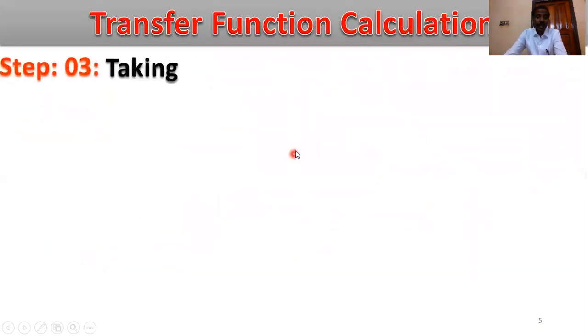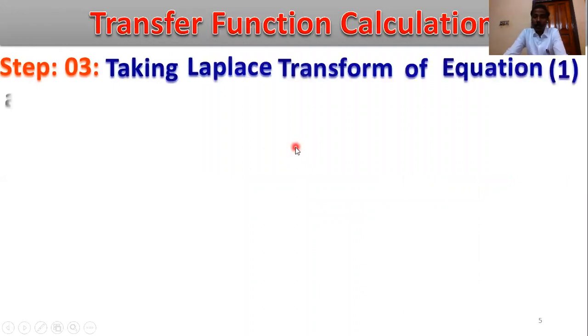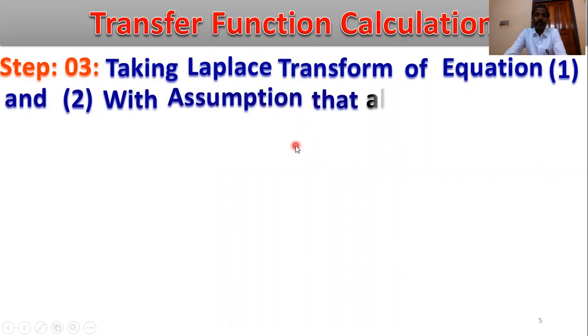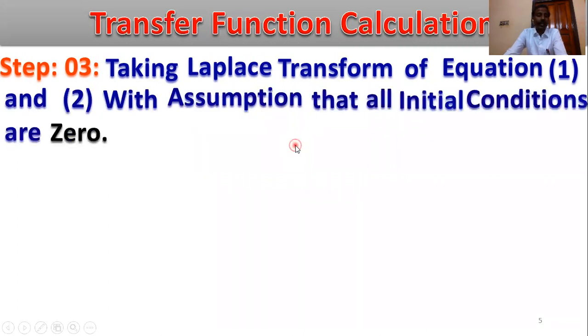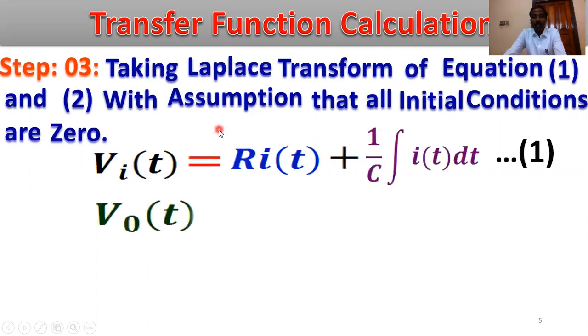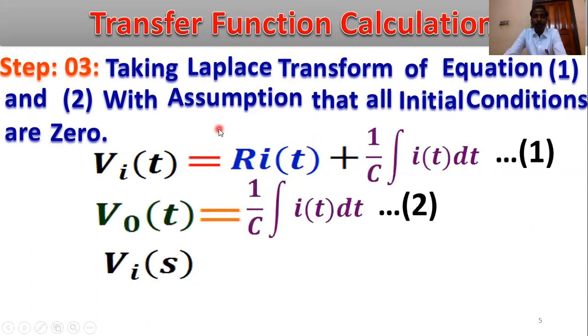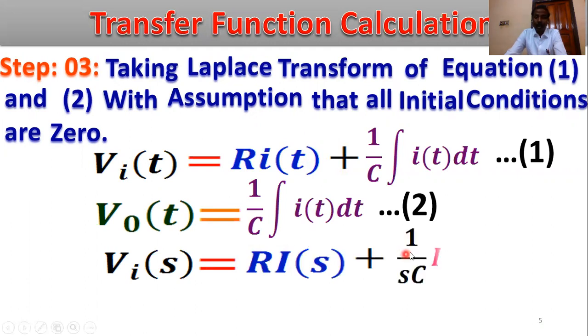Step number 3, take the Laplace transform of each of equations 1 and 2, with the assumption that all initial conditions are zero. First, taking the Laplace transform of equation 1, we get Vi of S equals R times I of S plus 1 by SC times I of S. This is equation number 3.